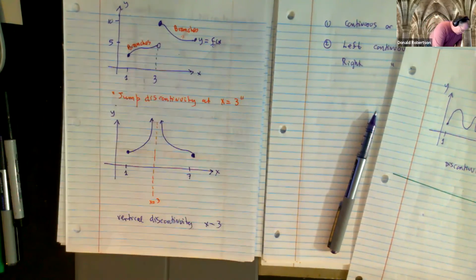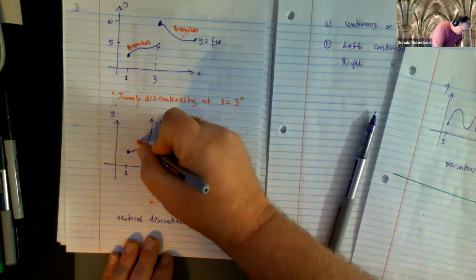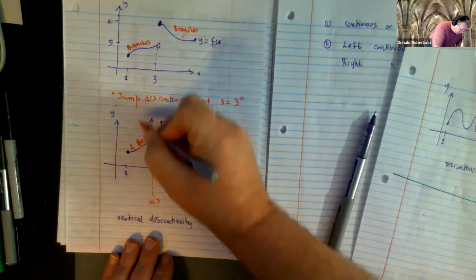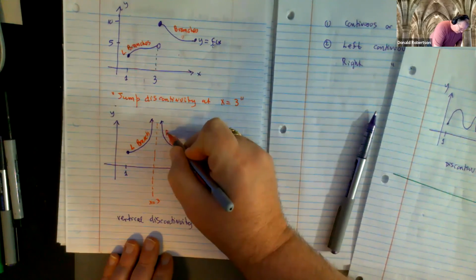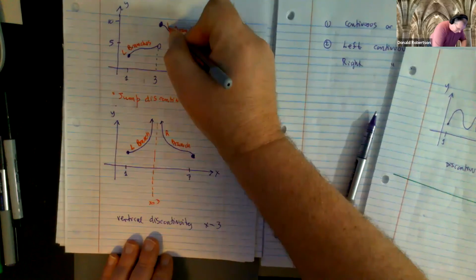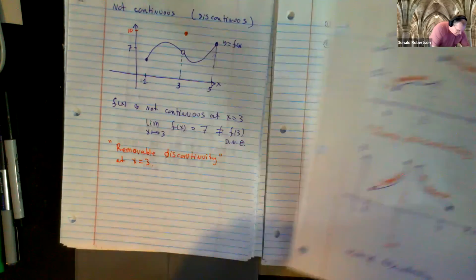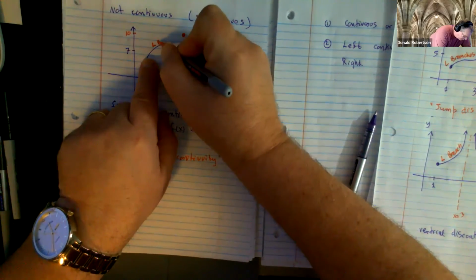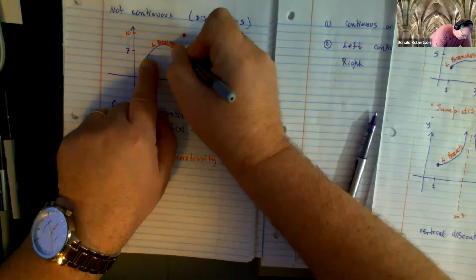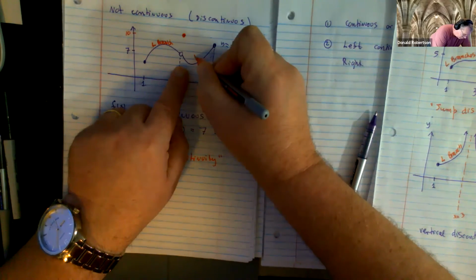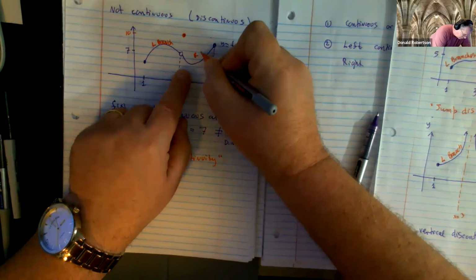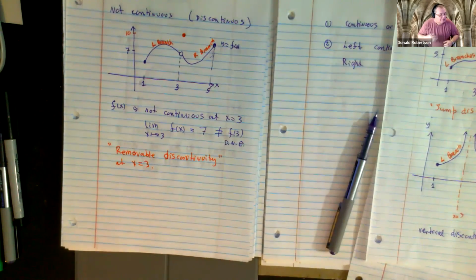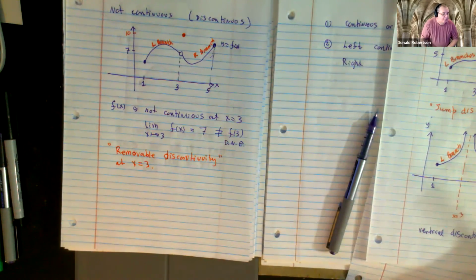Now, in this one here, can you see that would be a branch? I would call that the left branch, and this one would be the right branch. And where's my other guy? And here we go. At this discontinuity, wouldn't this side be called the right branch, and this one the left branch? So when I say left branch and right branch, are you visualizing what I'm on about, right?